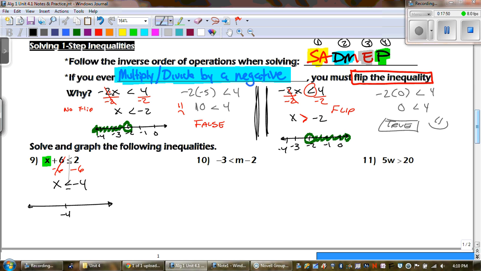So -4, I go 2 numbers greater and 2 numbers less. Remember, if you still need to think, be like, okay, well, it's closed and we shade to the left. So it's closed and we shade to the left. There we go.